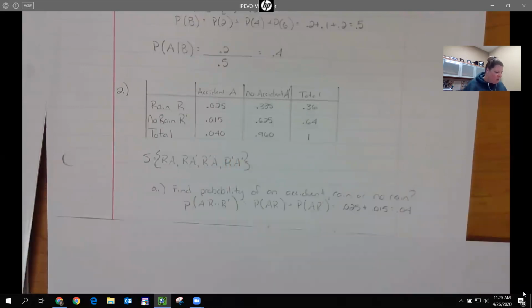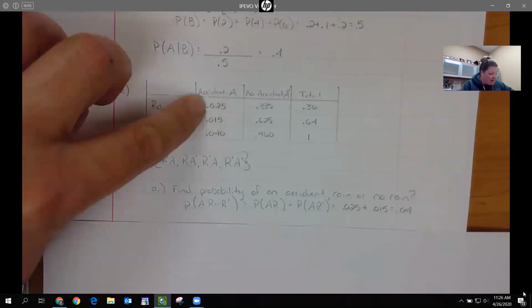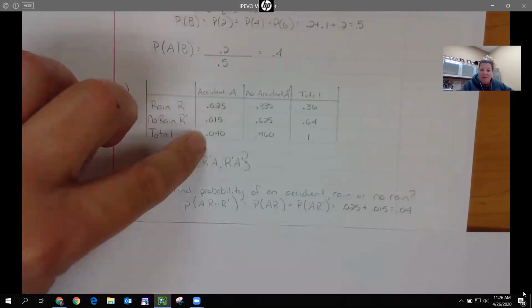Okay, so what if we want to find the probability of an accident, rain or no rain? No given. We didn't ask given. So we're just going to read our chart. It would be this one plus this one, which is 0.04.